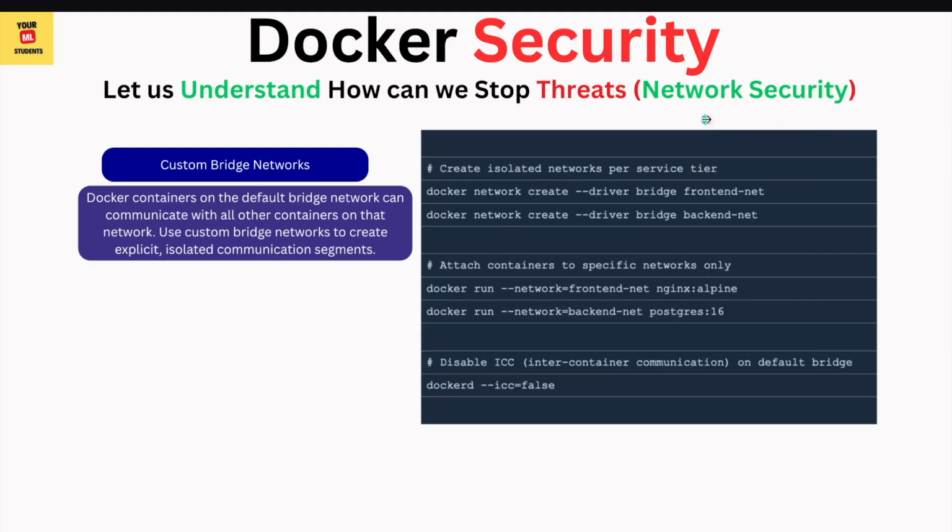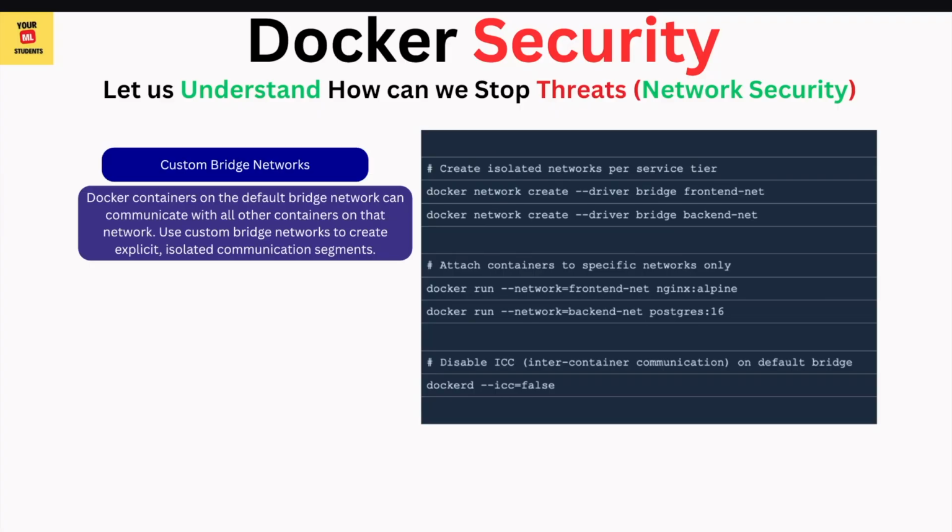Then network security. You can see custom bridge network, right? Docker containers on the default bridge network can communicate with all other containers on that network, we know that. Now use a custom bridge network to create explicit isolated communication segments. You know how to create a custom bridge network now, and you need to maintain it this way. Do not trust the default bridge network in production because under that network all containers can communicate.